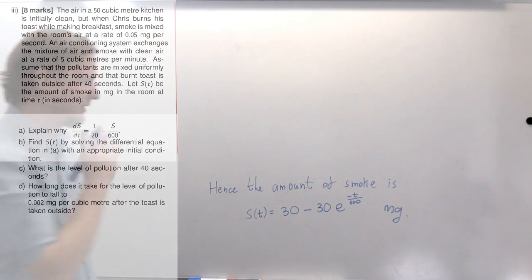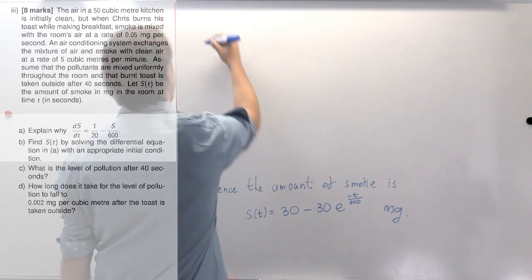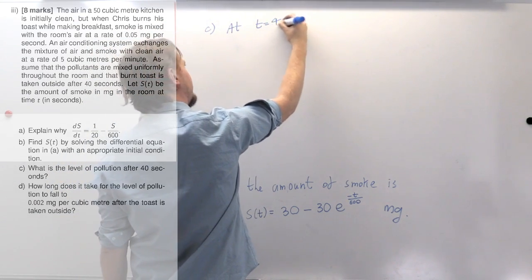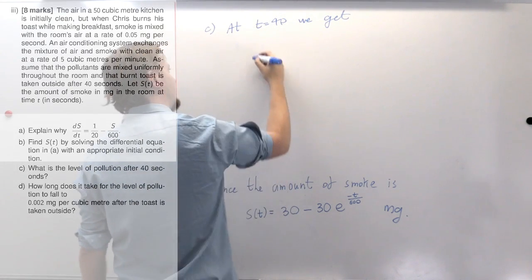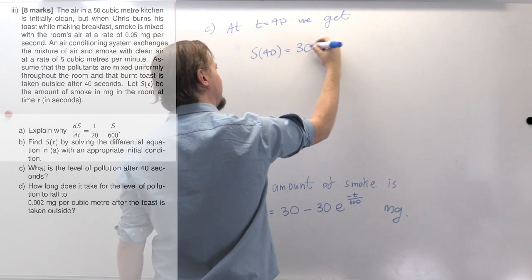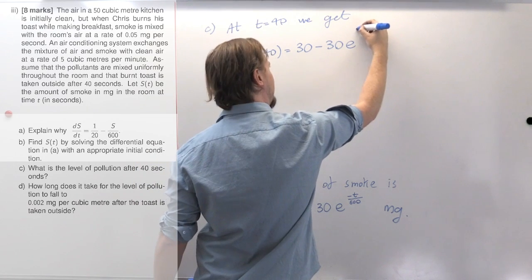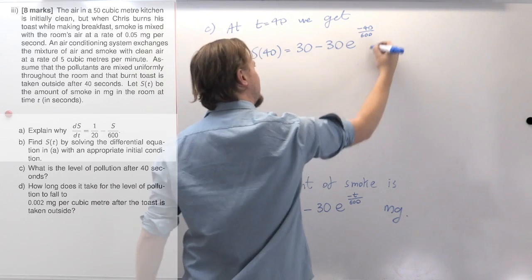Alright, so the next part is just plug in S, look at the time at time equals 40 seconds. So part C, at t equals 40, we get that S of 40 will be equal to 30 minus 30 e to the minus 40 over 600.